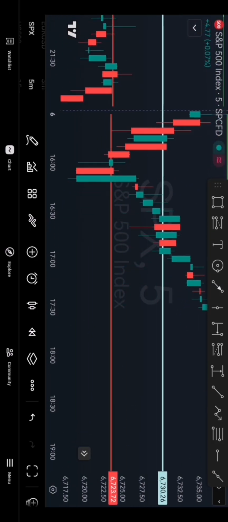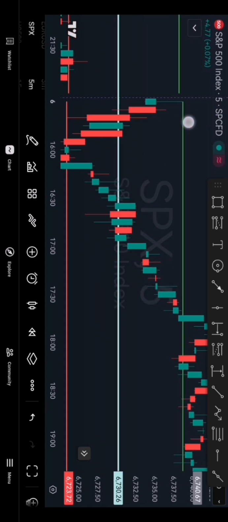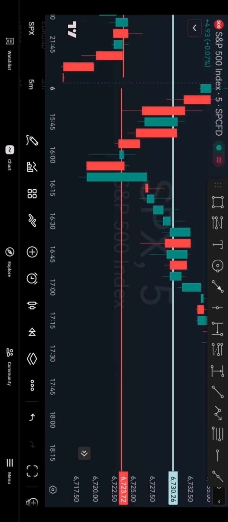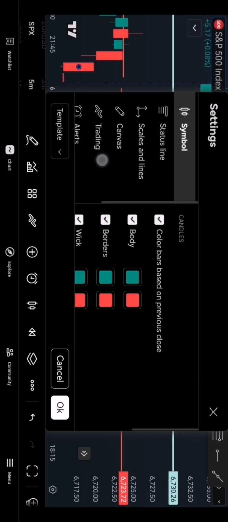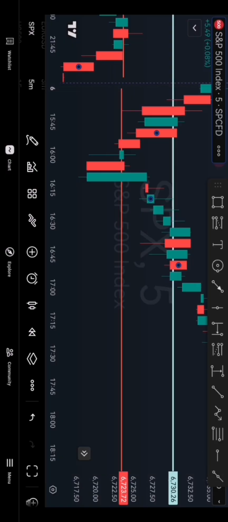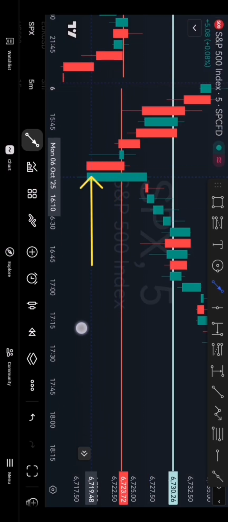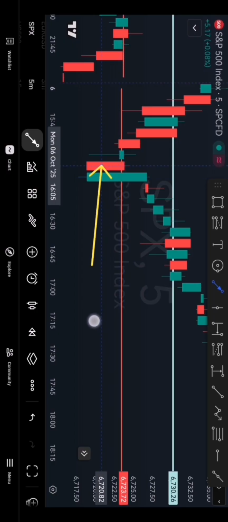Now here you got this happening. You have your 15-minute open, you got your high in green, you got your low in red. Now all you do is wait for a candle to close outside of this ORB. There the candle closed outside, this red candle here. But for me, there are other things that tell me to get in.